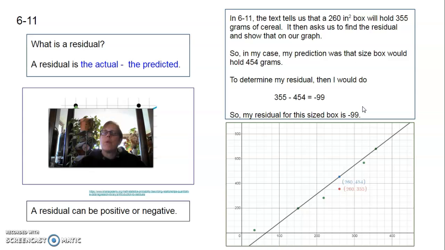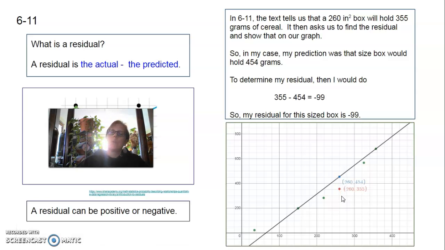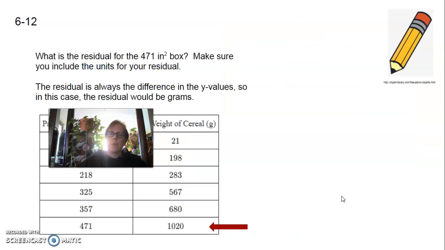So my residual for this box is -99. I took the time to graph them, so they're right here. So 454, that's my prediction. The actual is down here, 355, so you can see that the actual is 99 units below the prediction. So a residual of -99.